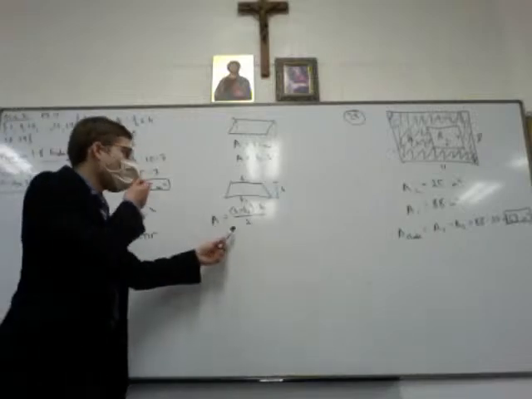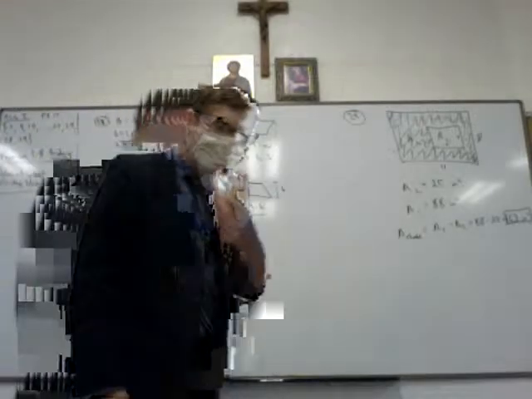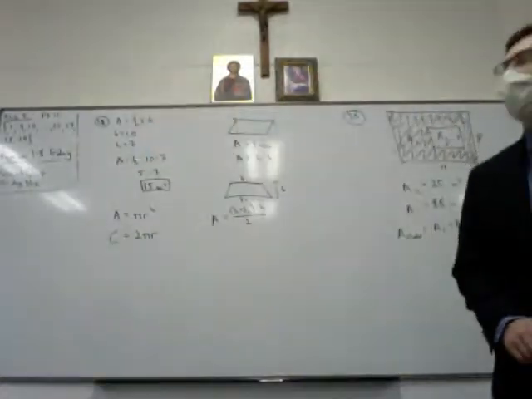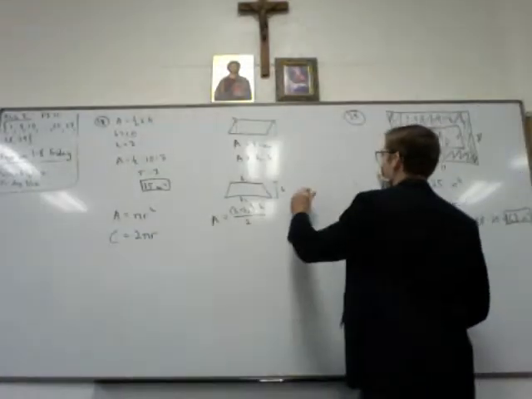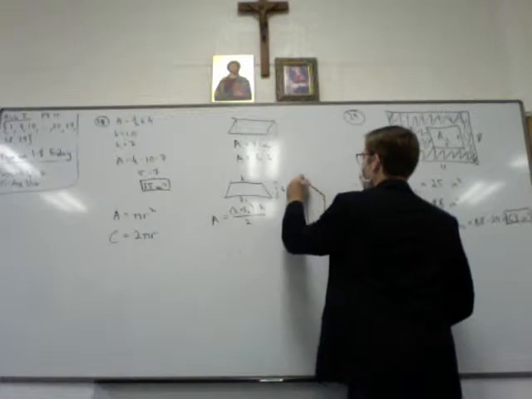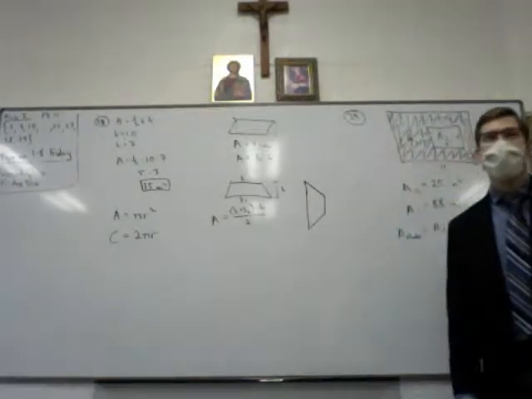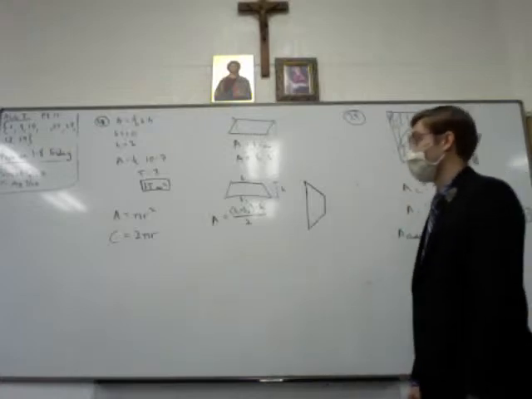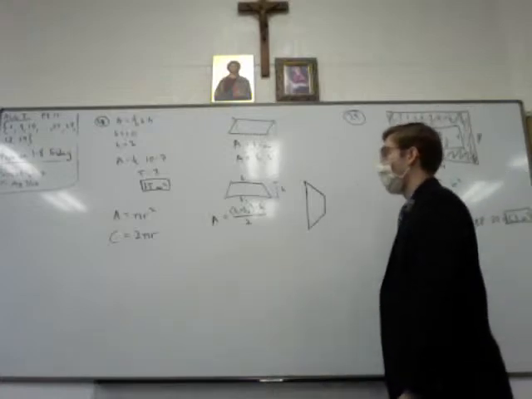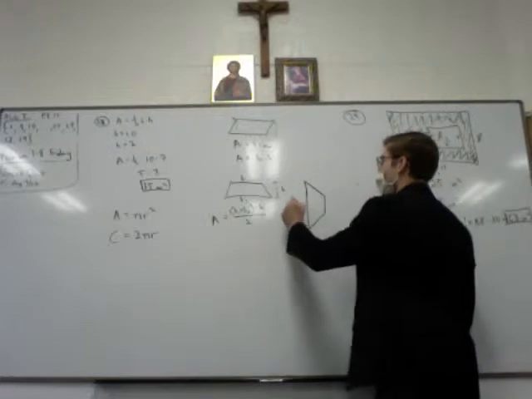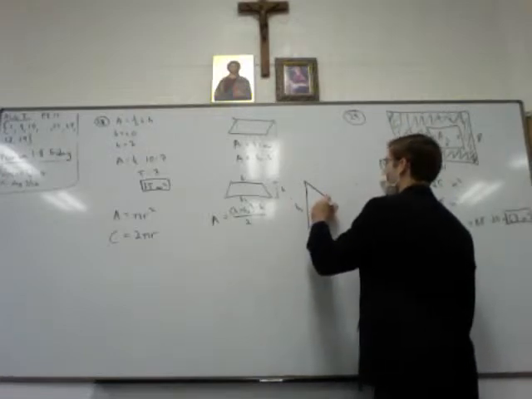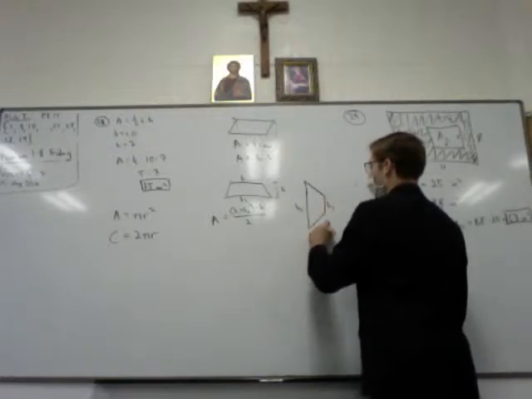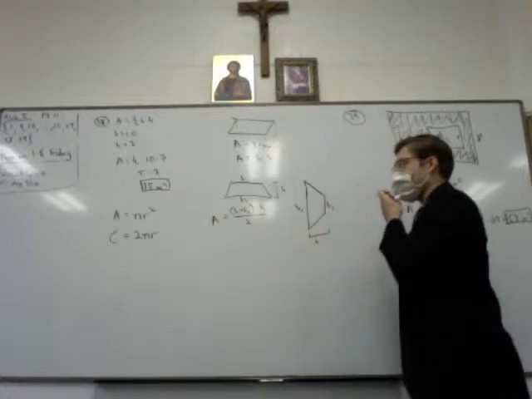For a trapezoid, this is the tricky one. The bases of a trapezoid are the parallel sides. Be careful. If we took the same trapezoid and we turned it around this way, where are the bases? The left and the right. It doesn't have to stand, it's a flat thing.